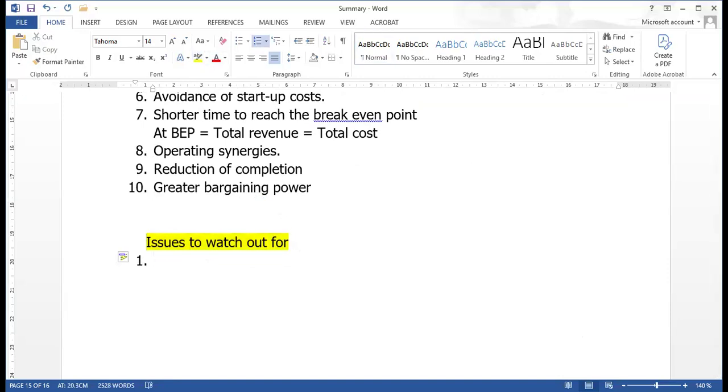If it is through acquisition, you're watching out for things regarding inadequate due diligence. If you don't do this, you may find that the financial statements are not really true.